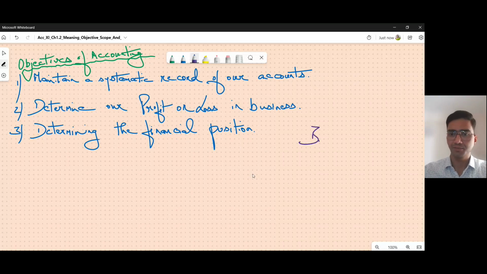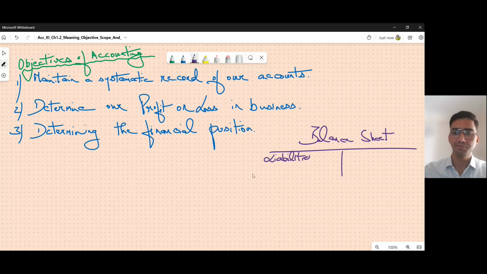A balance sheet looks something like this. It'll have two sides. The left-hand side will be where all your liabilities are written, and on the right-hand side all your assets are written. These are of the business, so all that I'm talking about is of the business.